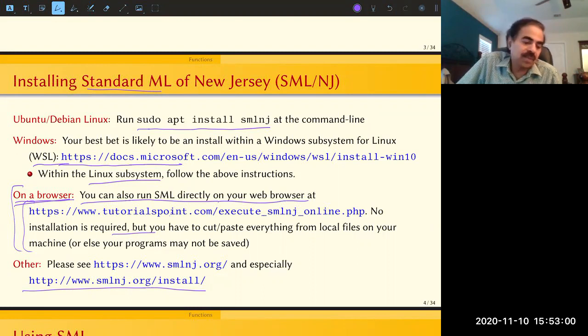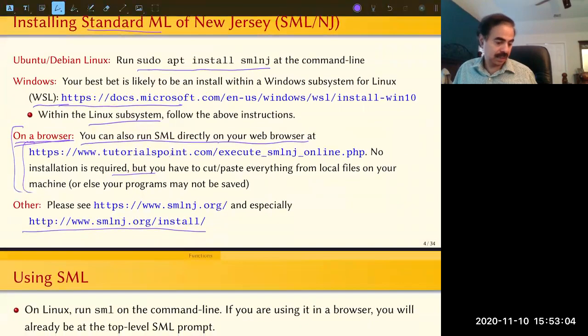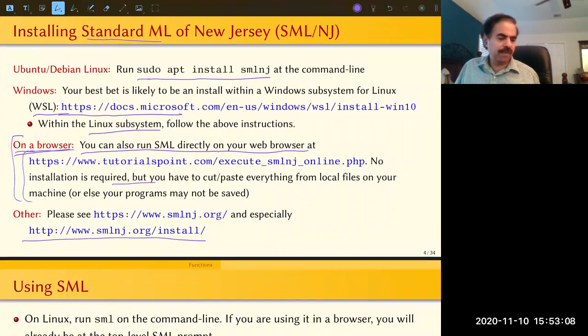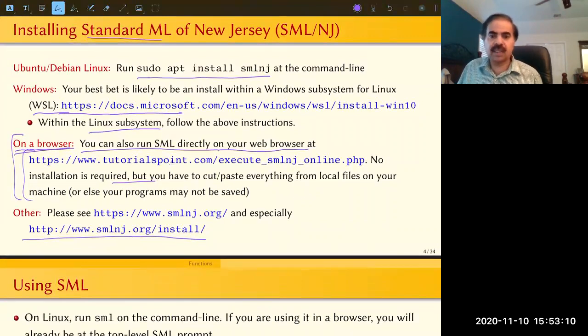And so that's why you should be running Linux for most things that you do. Okay, so before you come back for the next lecture, I want you to have tried installing this, and you should have tried running something small on SML, right?